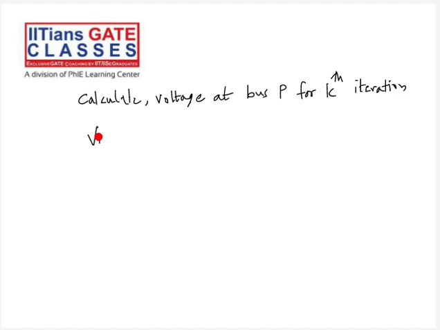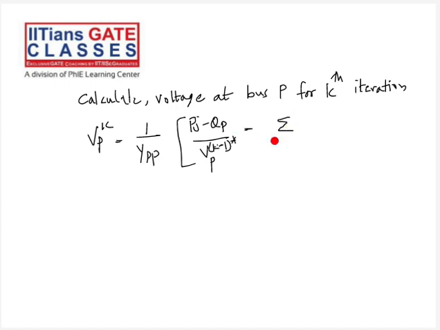We calculate Vp at the kth iteration as 1 by YPP into (Pp minus jQp, we know these values) divided by Vp at the (k minus 1)th iteration conjugate, minus the sum over Q equal to 1, Q not equal to P, of YPQ VQ at the (k minus 1)th iteration.